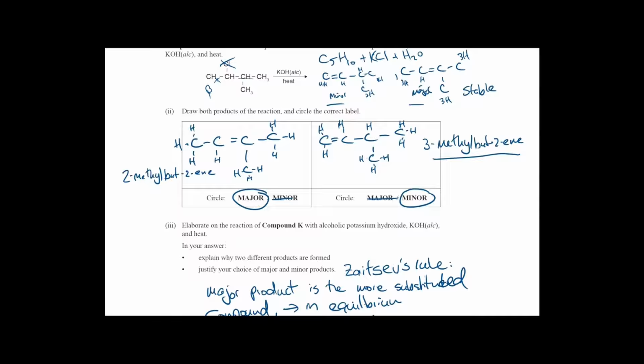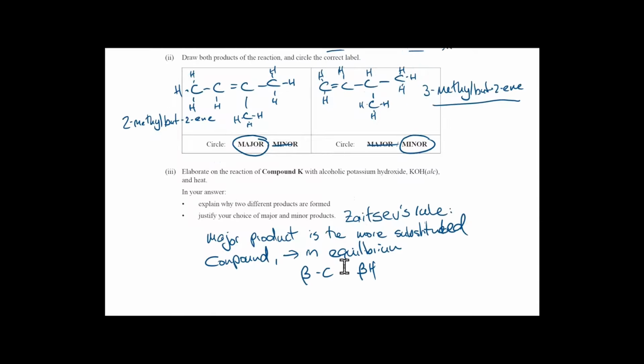Maybe I should add a little bit more here. Why is one the major product and one is the minor product? It is this kind of poor gets poorer way of saying Zaitsev's rule. This carbon here is attached to these other carbons that are more numerous, whereas this carbon here is only attached to one other carbon.